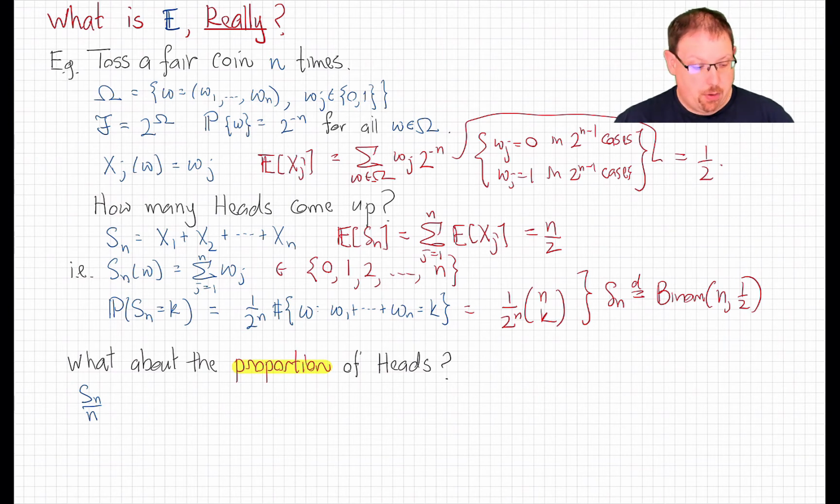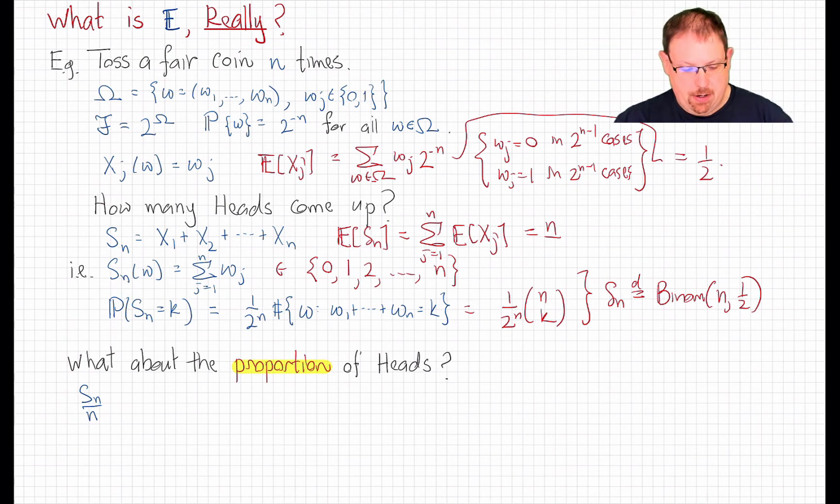All right, so we know the expected value. We actually have the whole distribution, but that still doesn't really tell us, philosophically, what the expected value means. Well, instead of the number of heads, let's look at the proportion of heads that come up. That is, Sn divided by the total number of coin tosses, n, the empirical average of the x's.